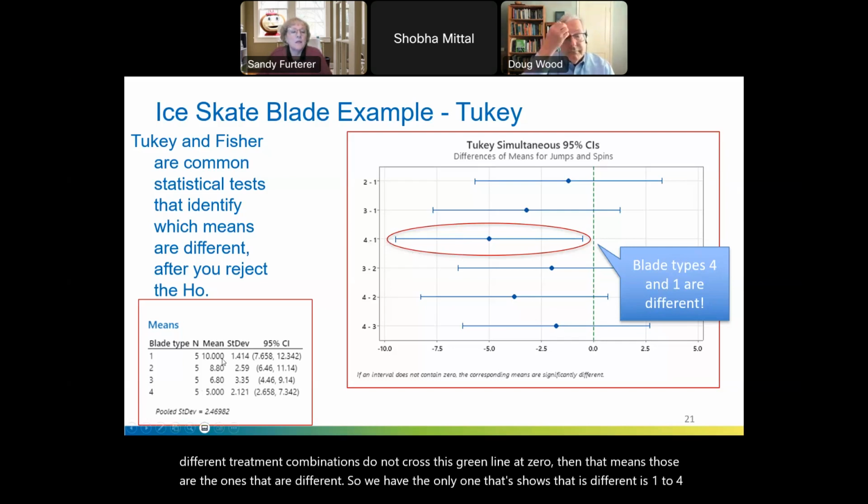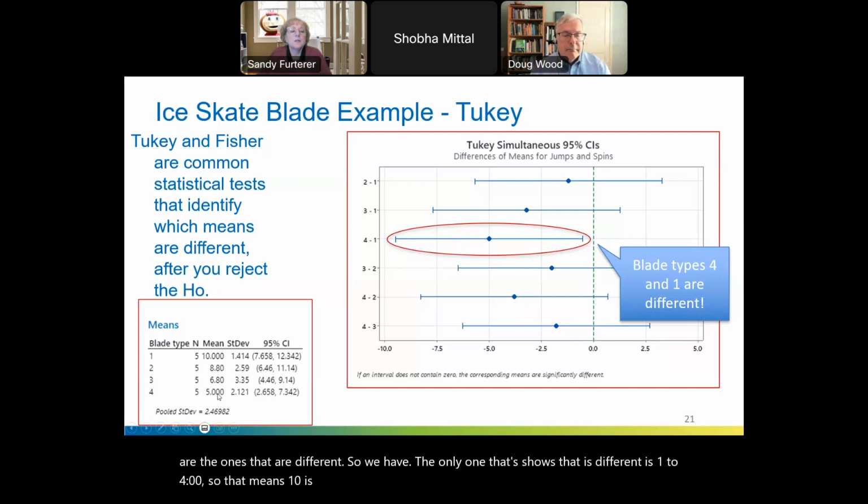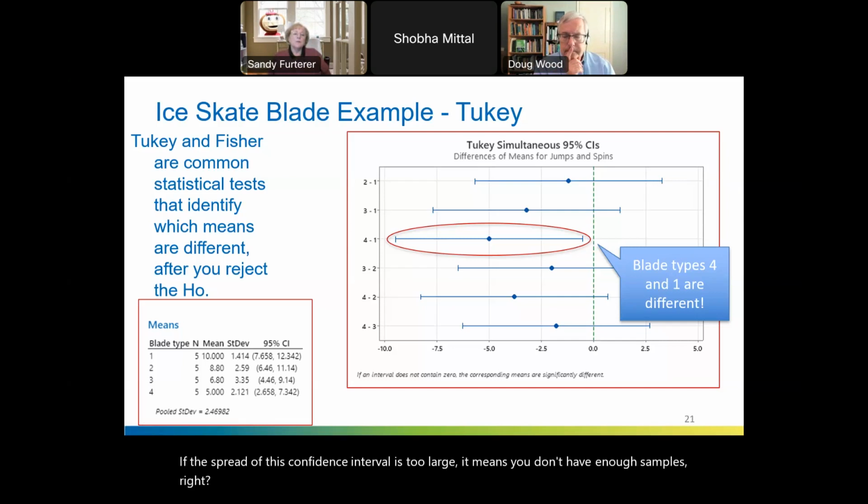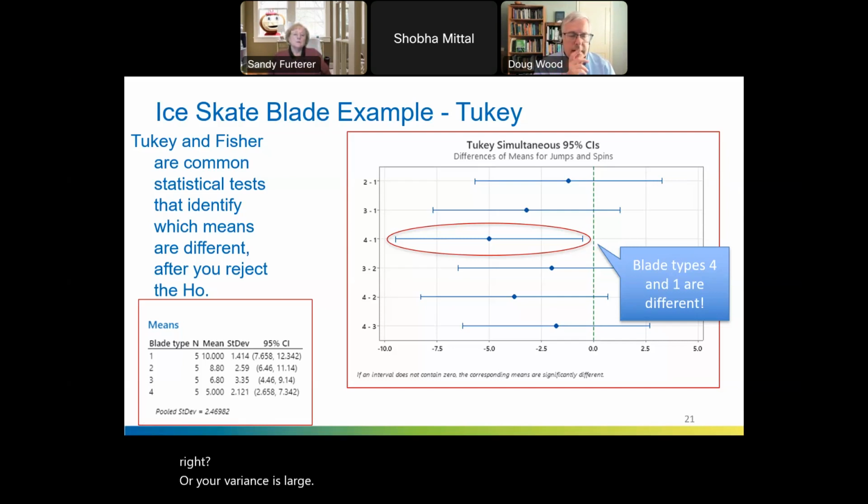That means 10 is statistically significantly different than 5. If the spread of this confidence interval is too large, it means you don't have enough samples, right? Or your variance is large. Yeah, either one.